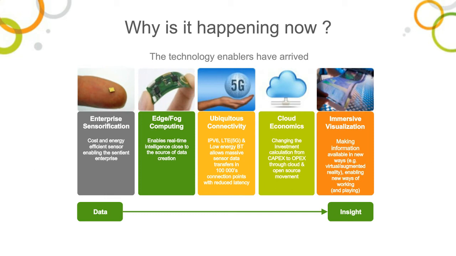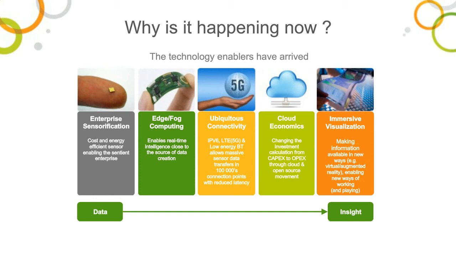You can put lots of sensors on a product now, and manufacturers can start gaining data on a never-before-seen scale. Couple that with edge or fog computing, where computing power is becoming miniaturized and more powerful. You can start putting intelligence and local logic on the device itself, right at the edge of the network.